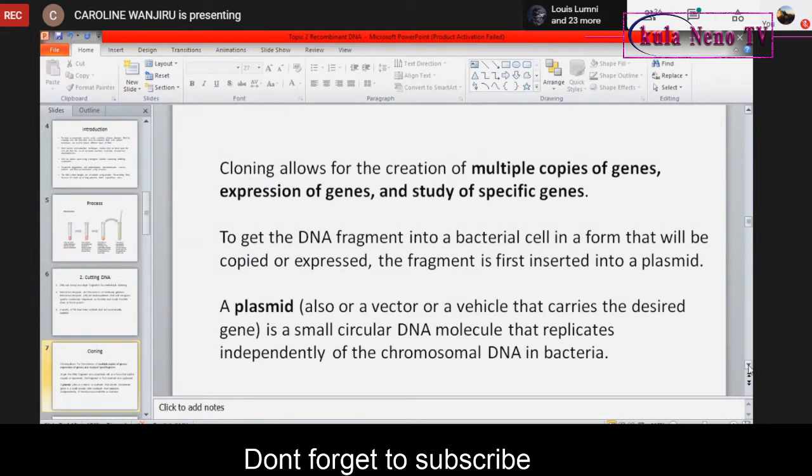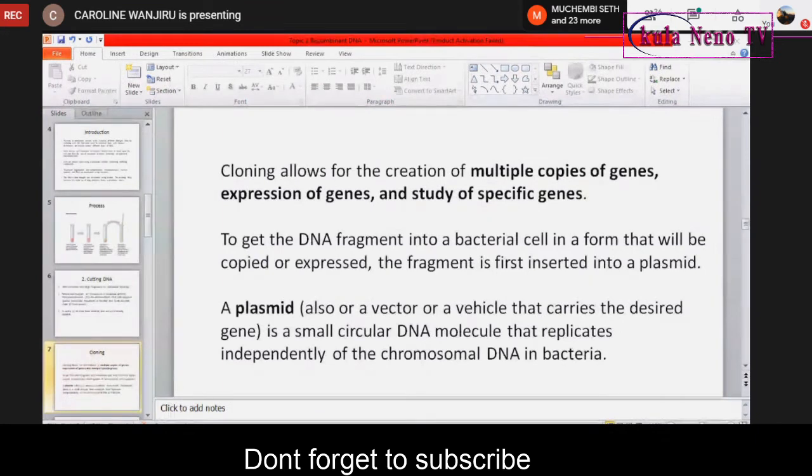Is that clear? I want to stop at that point and make sure we are all together. Anybody who is lost? Just put up your hand. Anybody who is lost, who doesn't know where we are, cannot make a difference between a plasmid and a vector?